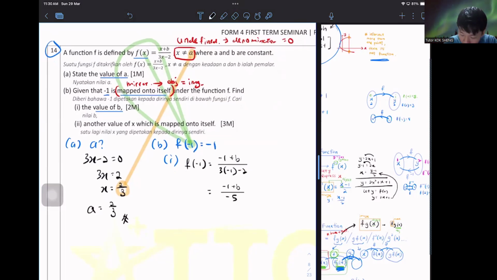Okay, so the last one is, don't forget that we have one more -1, right? So this is for f(-1), correct? Equals to -1. This number also can masuk. Which means the whole thing, f bracket -1, replace it with -1. Like this.